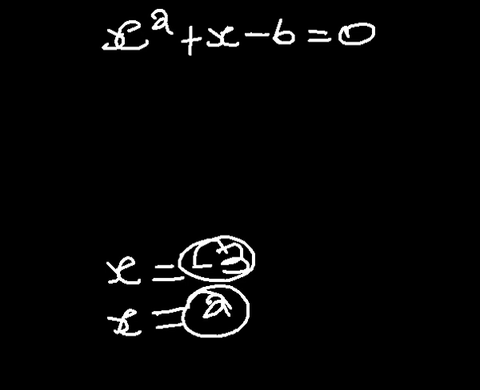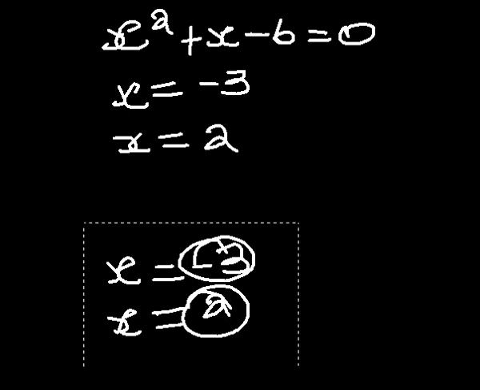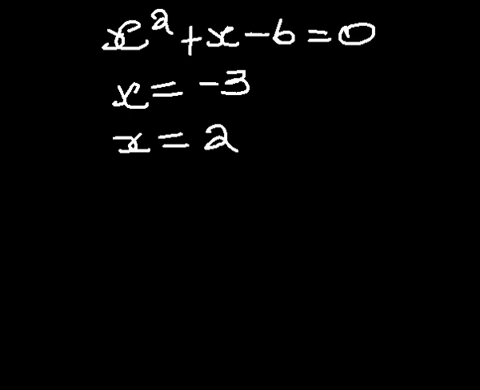Now, x is given as negative 3, and also x is given as positive 2. These are the real roots of the quadratic equation, and also they are the solutions for the quadratic equation that we have here.